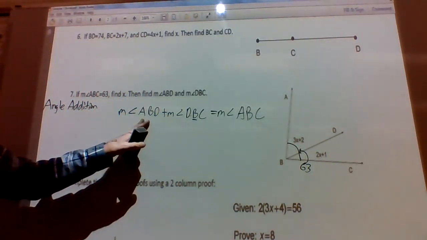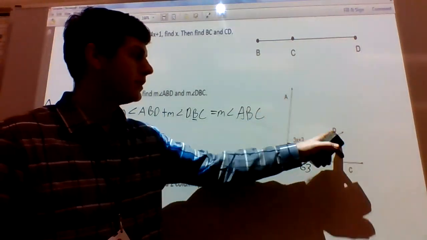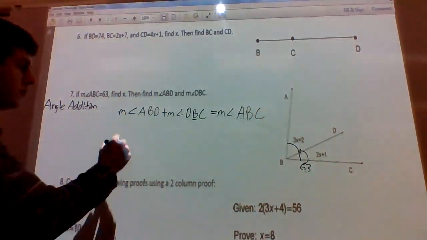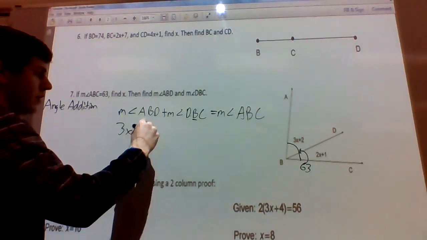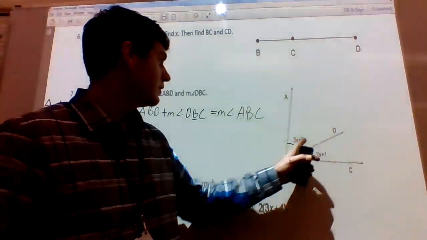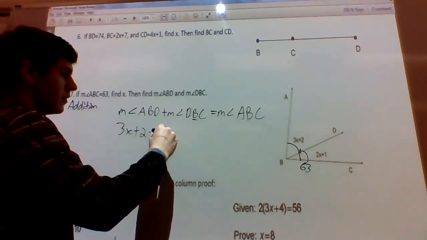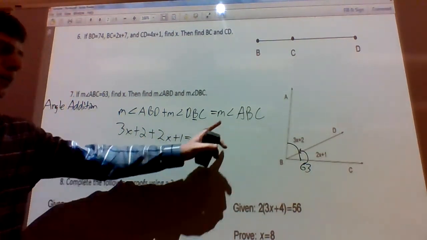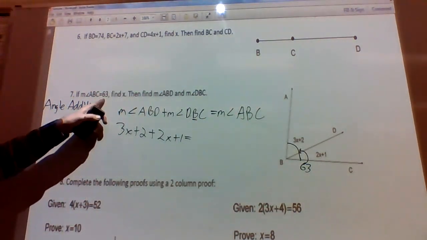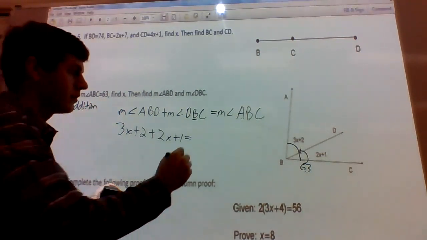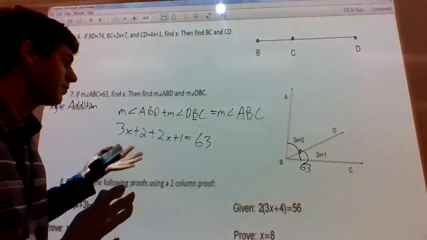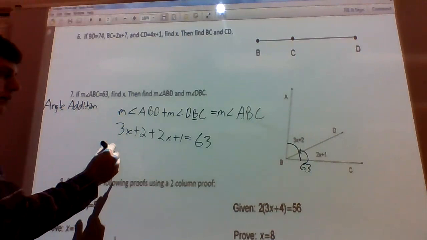Okay. The measure of angle ABD is 3x plus 2. Measure of angle DBC is 2x plus 1. The measure of angle ABC, which they give us in the problem, is 63. From there, we combine like terms and solve for x.